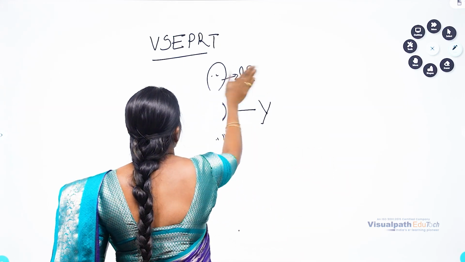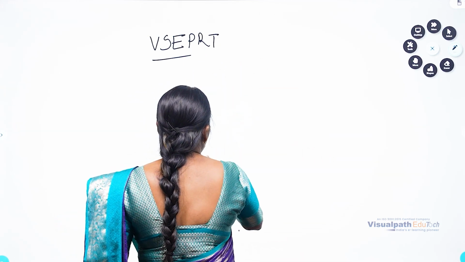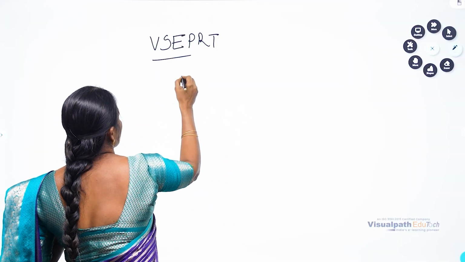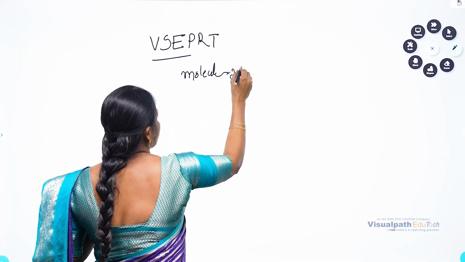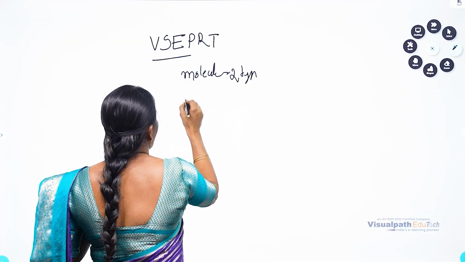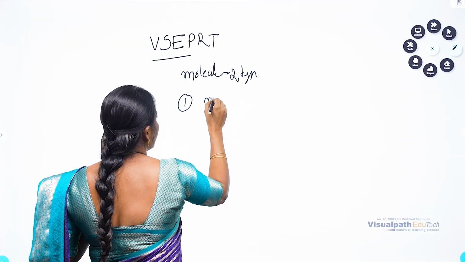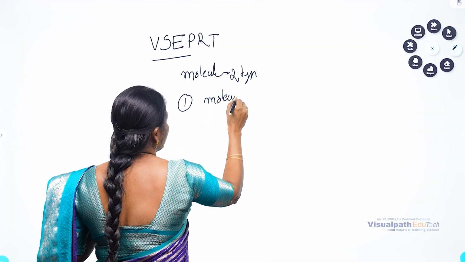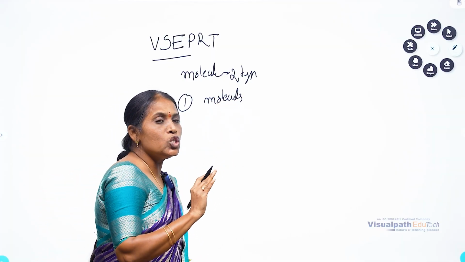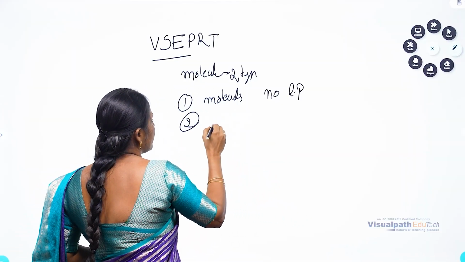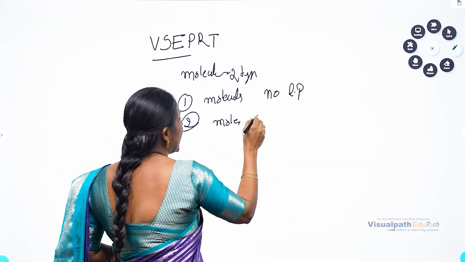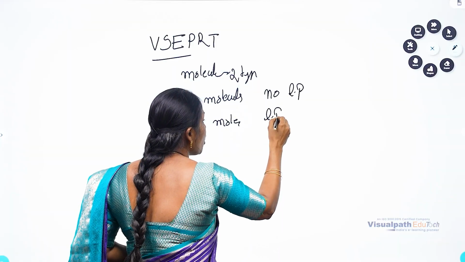In VSEPR theory, it is explained that molecules are of 2 types. One is the molecule with no lone pair of electrons, and the next is the molecule with lone pair of electrons.